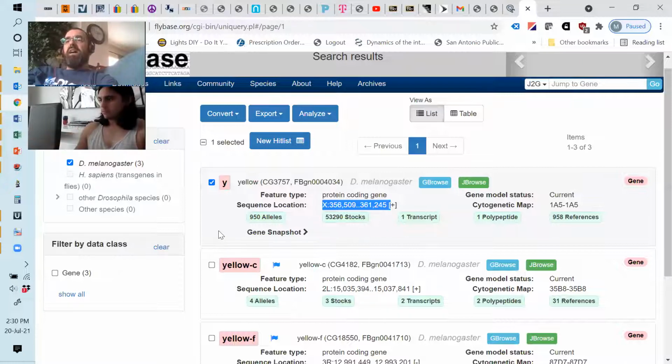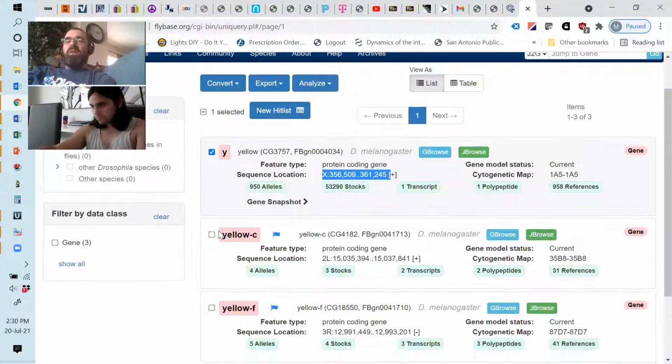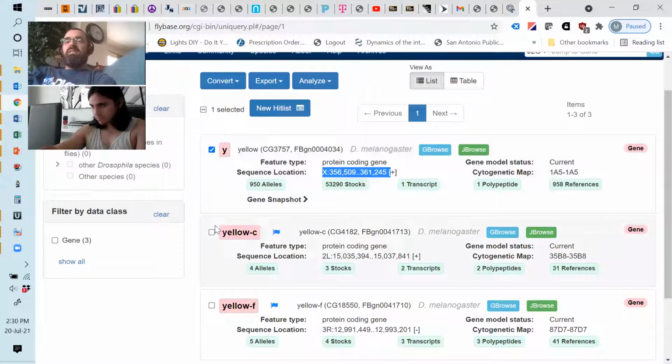Now, in terms of how heavily studied this gene is, would you say yellow is more heavily studied than yellow C or yellow F, or do you think it's a much more rarely studied gene? How could you tell? What kinds of information? The references provided. Yeah, so the number of references, right? So this has 958 references about it, including one which I wrote with a friend of mine, Dr. Page.